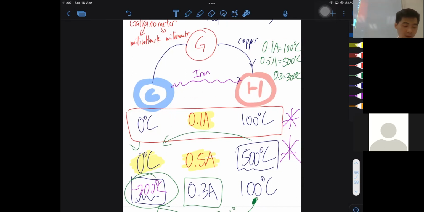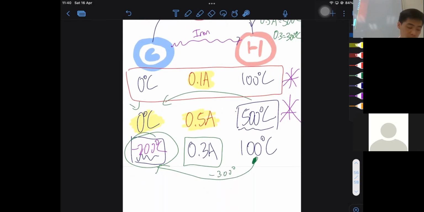Then looking at the second example here, this galvanometer gives me 0.5 amperes. 0.5 amperes means to say the difference in temperature should be 500, right? Since my starting point was 0, from 0 to 500 easy, it's just 500 degrees Celsius, right?